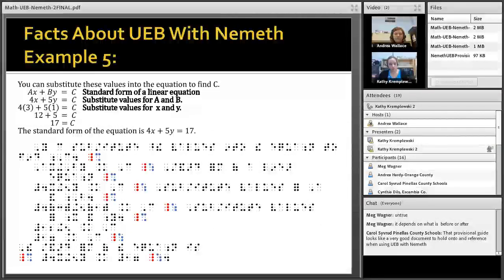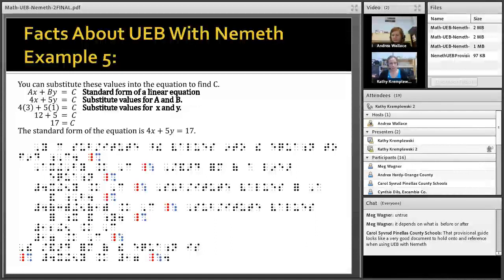All right, so let's try a practical example to wrap our minds around this. We've got, you can substitute these values into the equation to find C, and you've got ax plus by equals C, and then the comment, standard form of a linear equation.